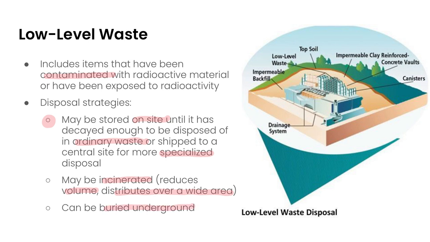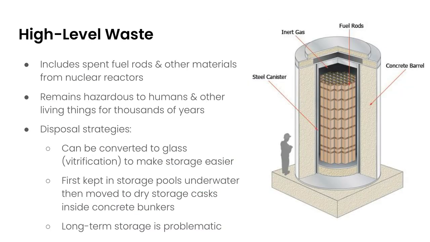This visual here is showing you how that waste is buried underground. This is a near-surface disposal strategy, so typically it's done in vaults that are surrounded by concrete, either concrete containers or vaults, and then this is basically left underground depending on its activity or its half-life.